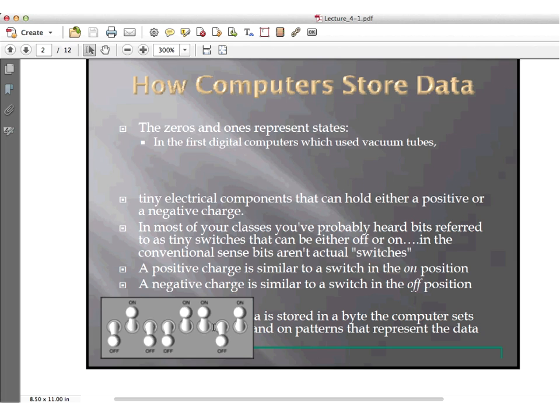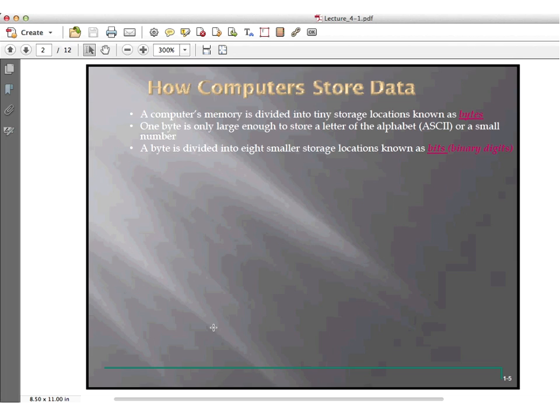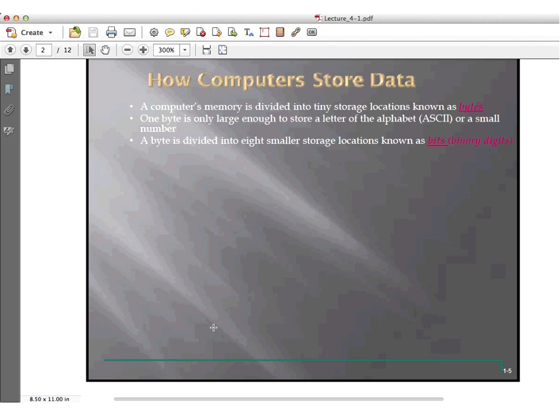And pretty much the computer's memory is divided in terms of bytes. 1 byte is large enough to store an ASCII letter in what's called the ASCII standard, or a small number. 1 byte is equal to 8 bits, and you probably saw that question in CS 901.